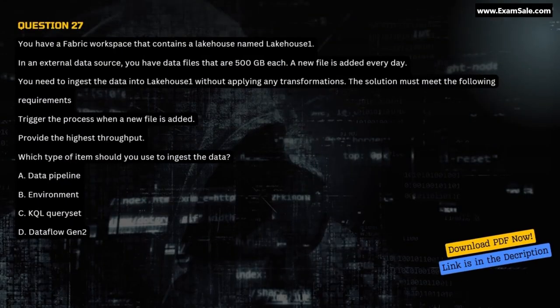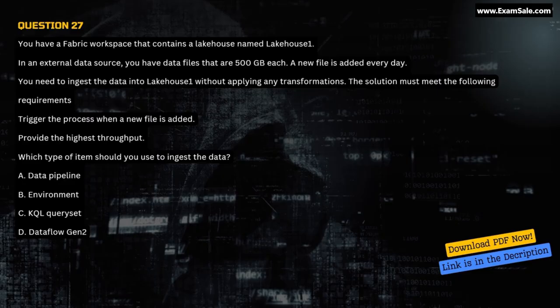Question 27. You have a Fabric workspace that contains a lakehouse named Lakehouse 1. In an external data source, you have data files that are 500 gigabytes each. A new file is added every day. You need to ingest the data into Lakehouse 1 without applying any transformations. The solution must meet the following requirements. Trigger the process when a new file is added. Provide the highest throughput.